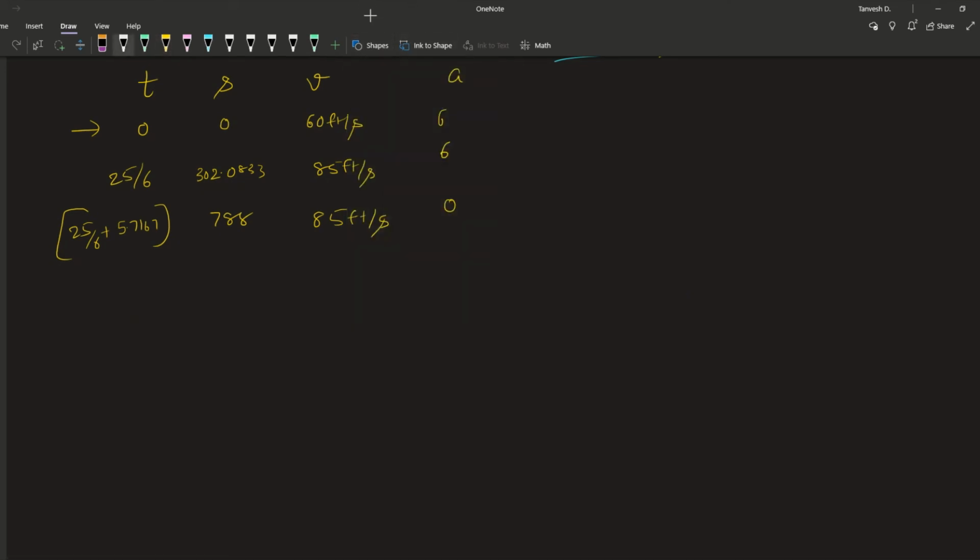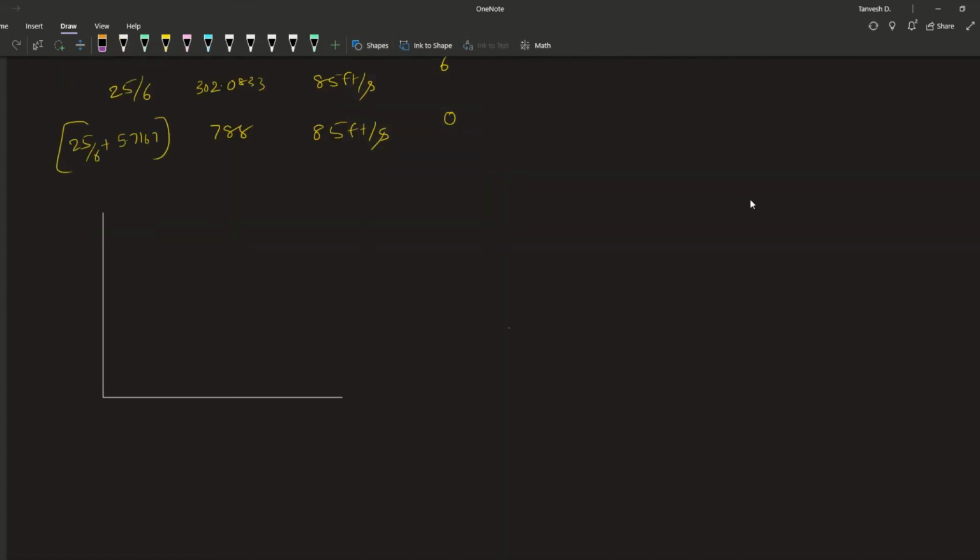Let us plot the graphs now. Okay, so we have time on the x-axis and on the y-axis we have the displacement. First I'll plot the velocity, then I'll plot the displacement.